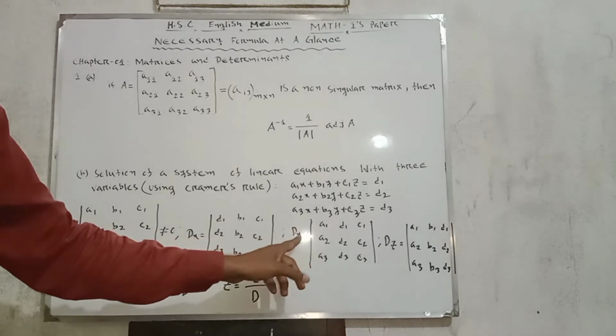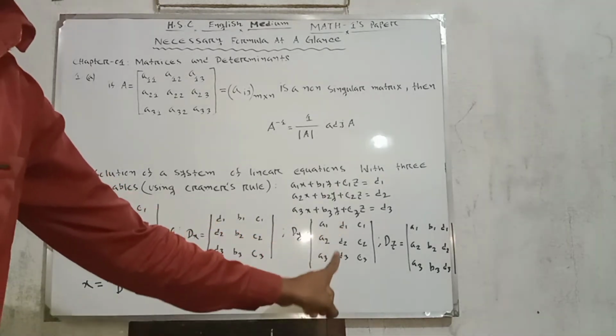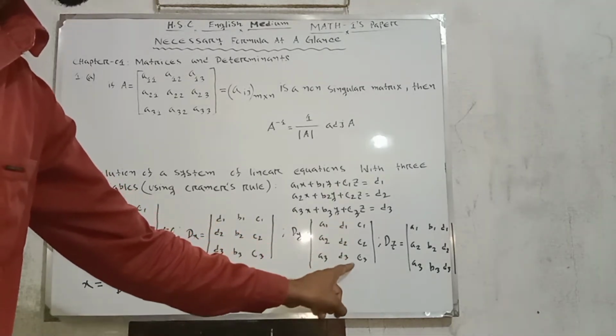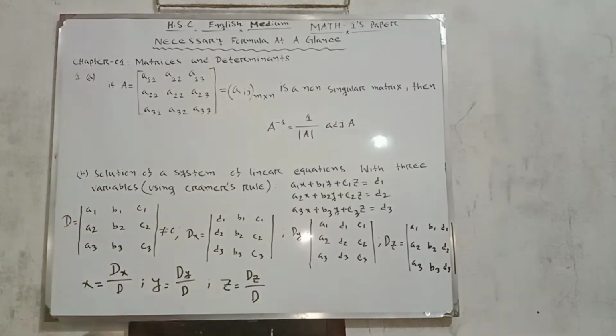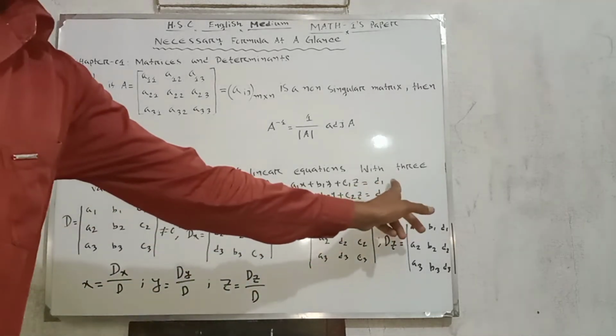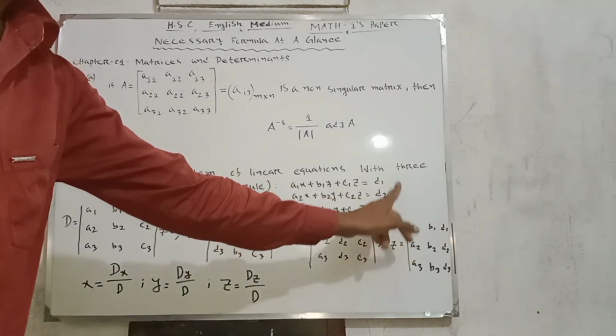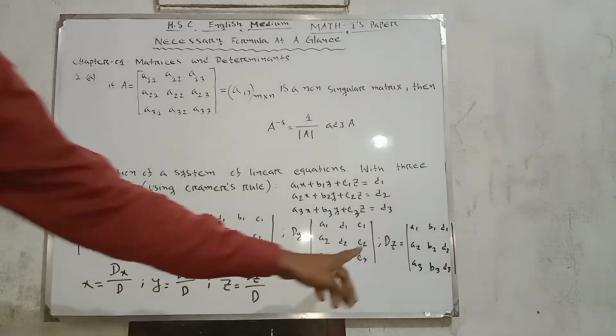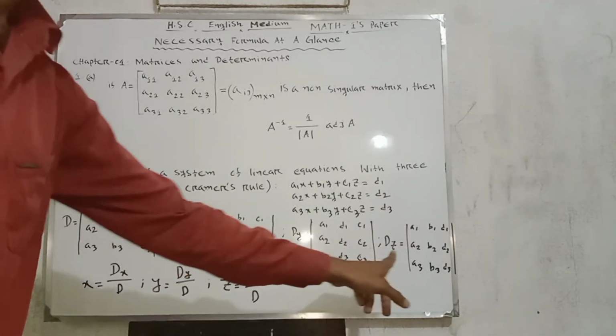Same. Next, Dy. Second column is different. The second column will sit in place of d1, d2, d3. Next, the other is the same.